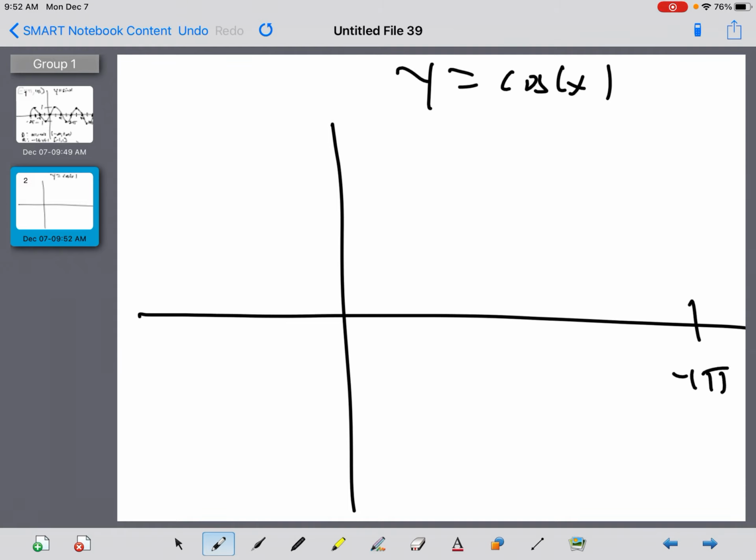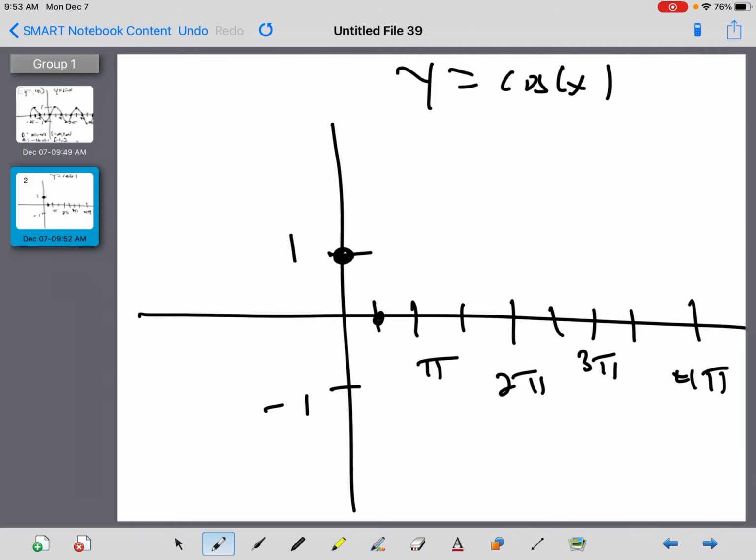Okay, again, four pi, 2 pi, pi, 3 pi, so we got to split these into fourths again. So cosine starts at its peak, at pi over 2, 0, pi negative 1, 3 pi over 2, 0, 2 pi, one cycle. Okay, again, at 3 pi, it's at negative 1. I wanted to make a slash there.